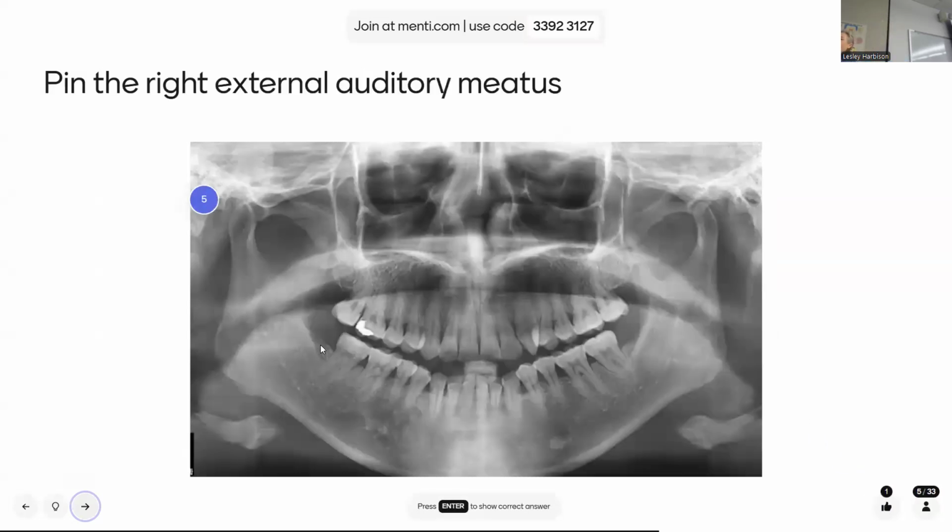Okay. Pin the external auditory meatus on the right side. Do you guys notice any strange radiopacities through here?